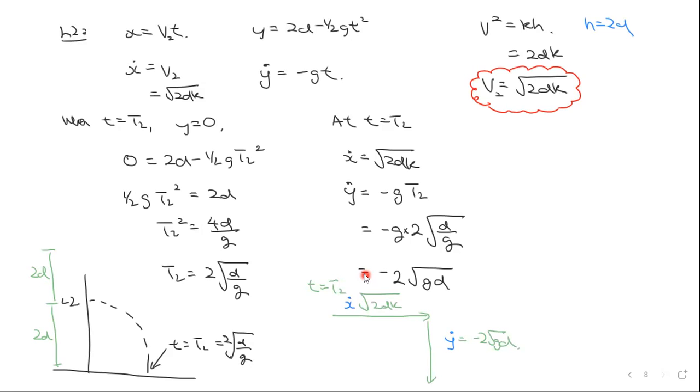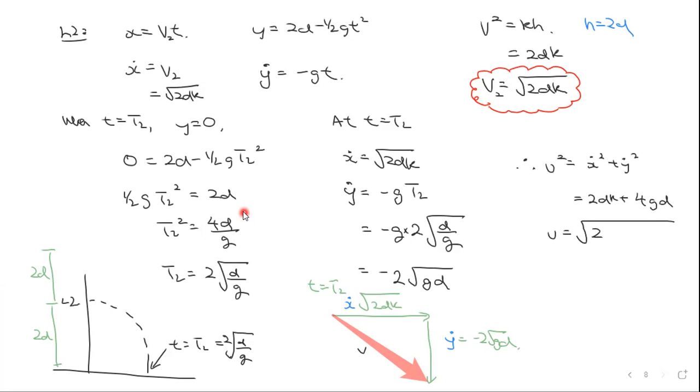They're asking you to find the velocity, so all you need here is Pythagoras' theorem. If we call that v, v squared must equal x dot squared plus y dot squared, which is 2dk plus 4gd. So v must equal the square root of 2dk plus 4gd.